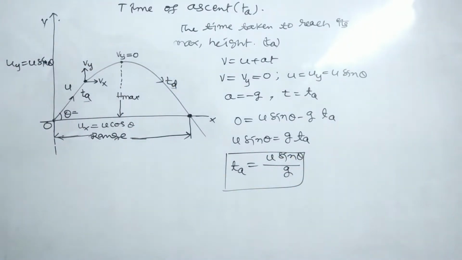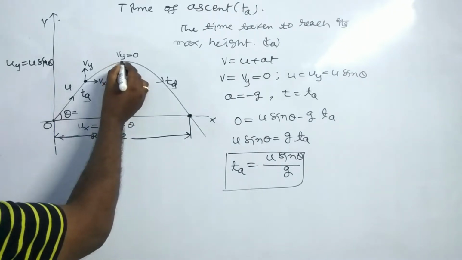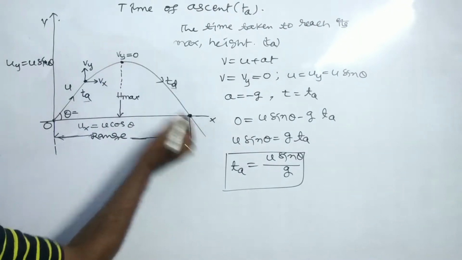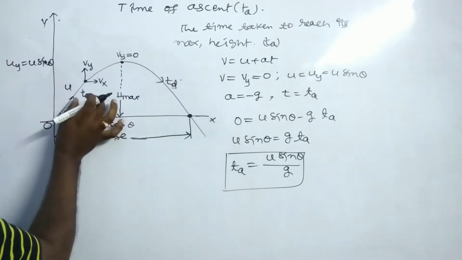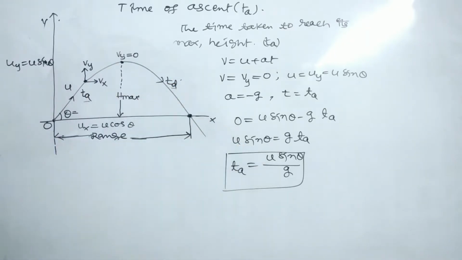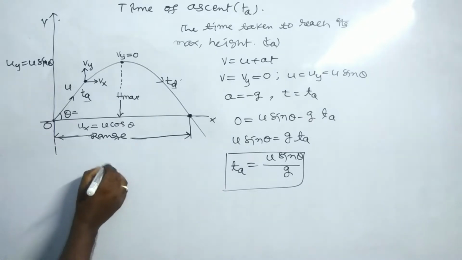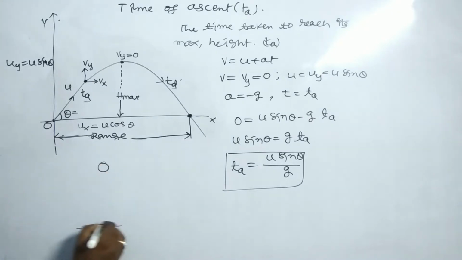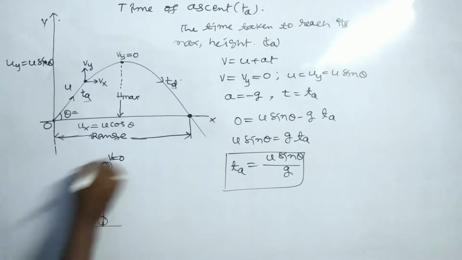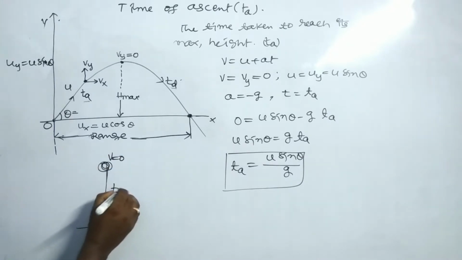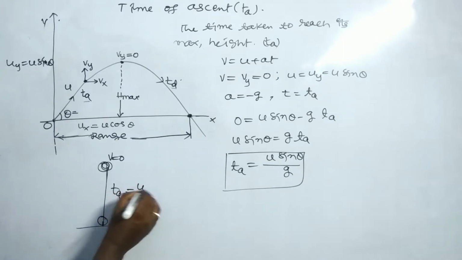Of course, the time of descent, the time taken to reach the ground point from its maximum height point, is TD. The TA and TD will always be equal. Previously you have seen that in a vertically projected body, if a body is thrown in the vertical direction, then the final velocity becomes 0, and the time taken TA is equal to u by g.